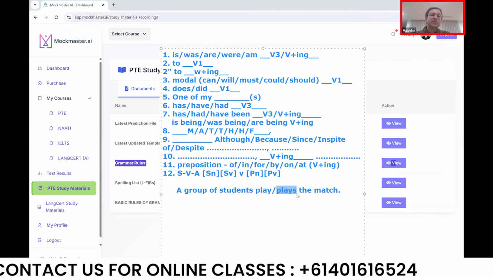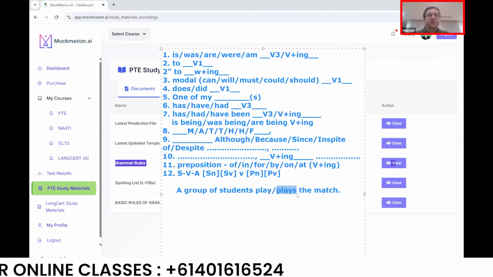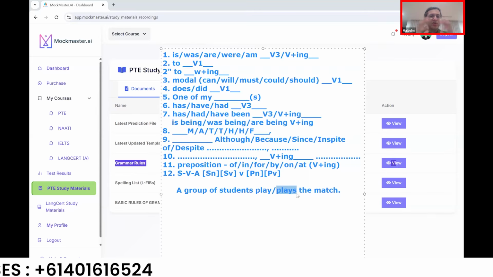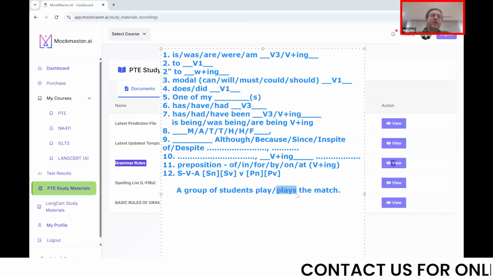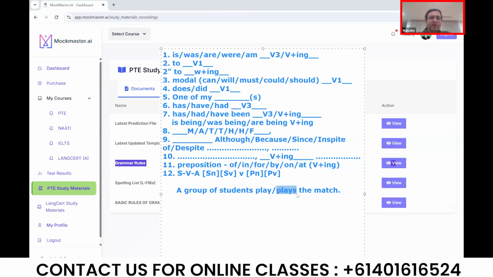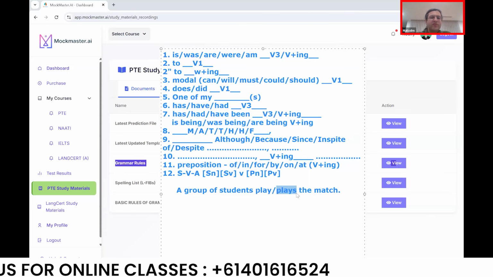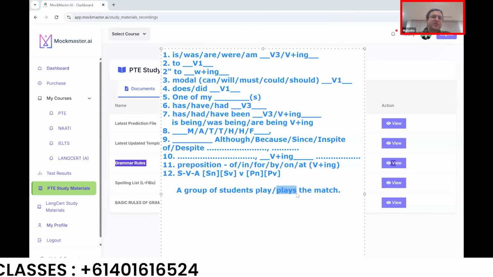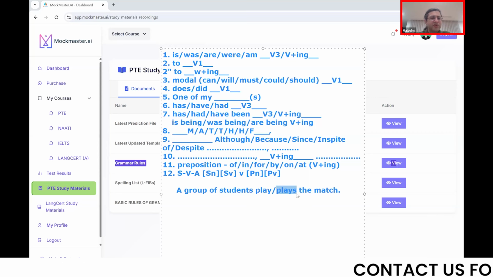You cannot consider students as a subject here because it is a collection of students, a group, one. So plays. This is a very common mistake which a lot of people make in essay writing. And the software immediately picks up that mistake when you make it in the essay. And then the grammar score goes down very quickly.